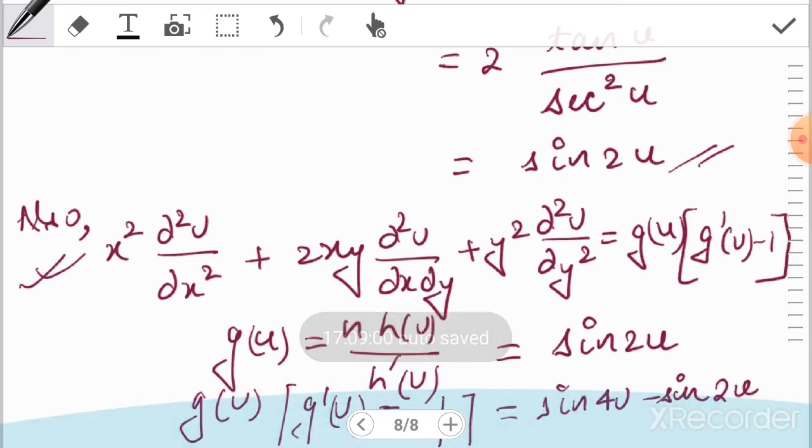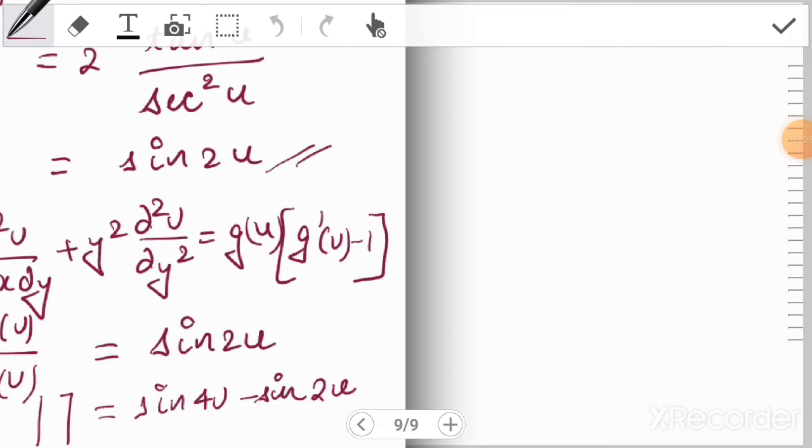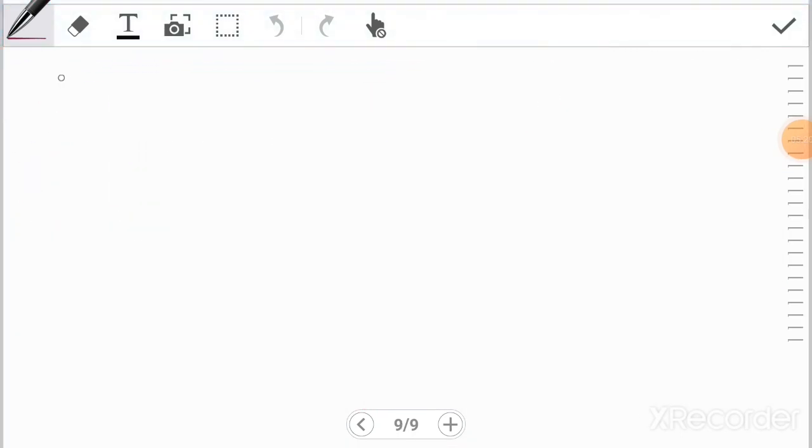So next is total derivatives. Total derivative.